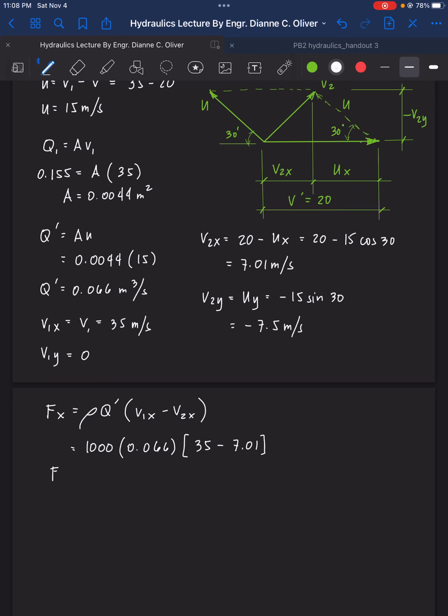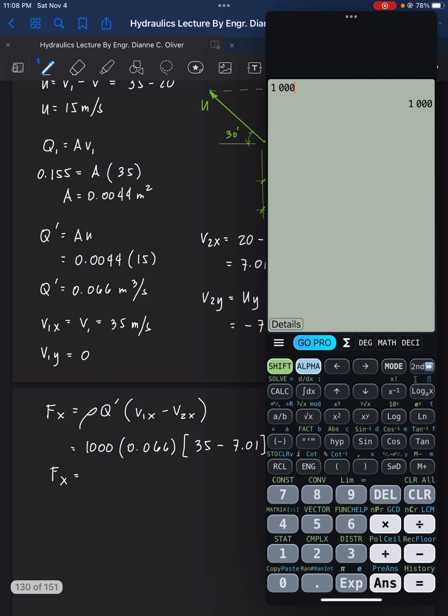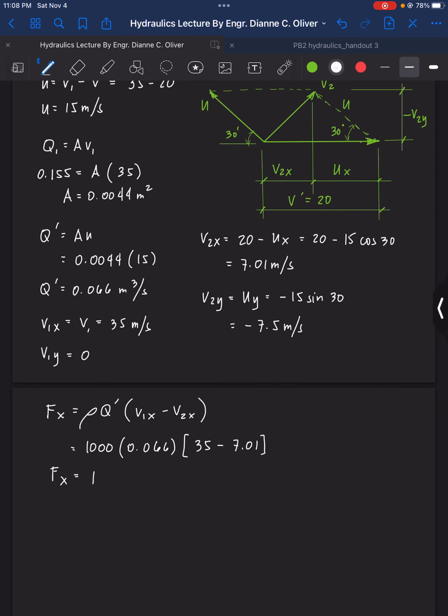So Fx is now equal to 1000 times 0.066 times 35 minus 7.01. So 1847.34. Fx is 1847.34 Newton. And since it's positive, the direction here is to the right.